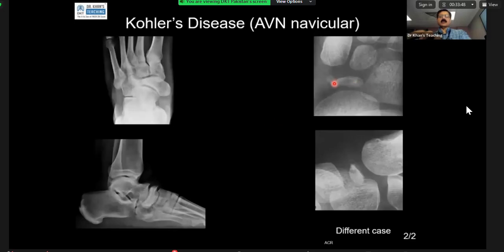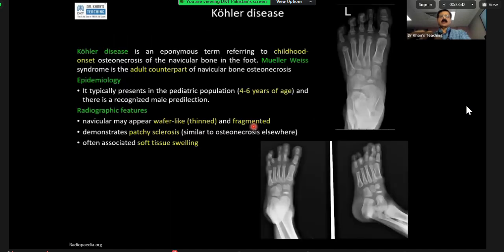And ultimately, in chronic avascular necrosis, it can be very flattened and small in size, like this. Look at this one, how it is. Köhler's disease refers to childhood onset osteonecrosis, right? But Müller-Weiss syndrome is the adult counterpart of navicular bone osteosclerosis.